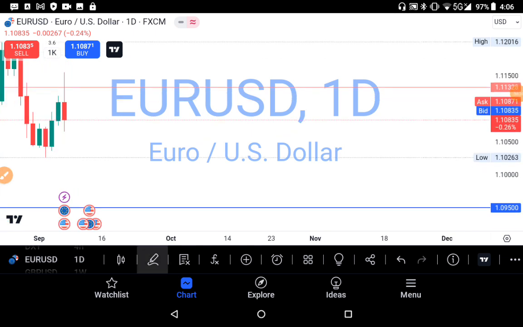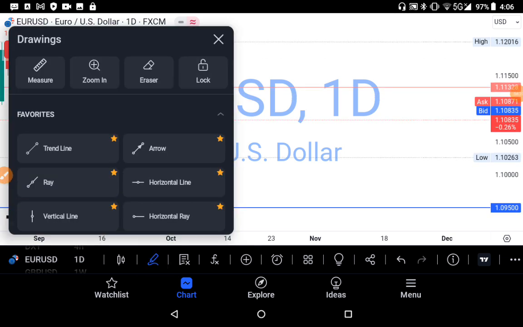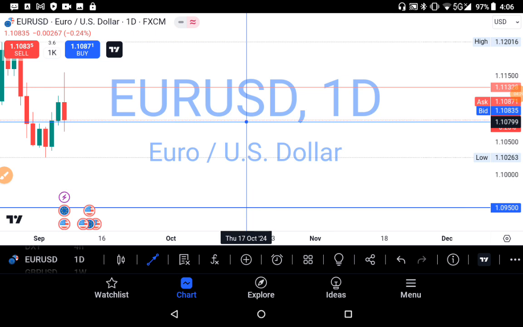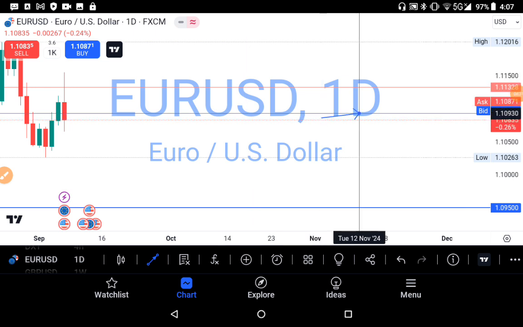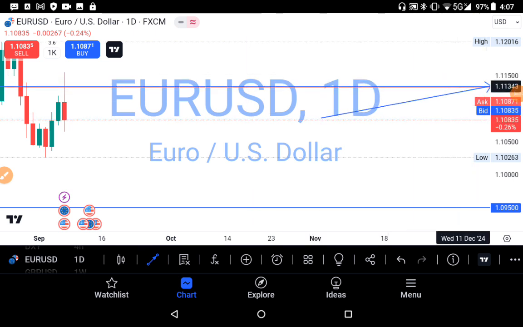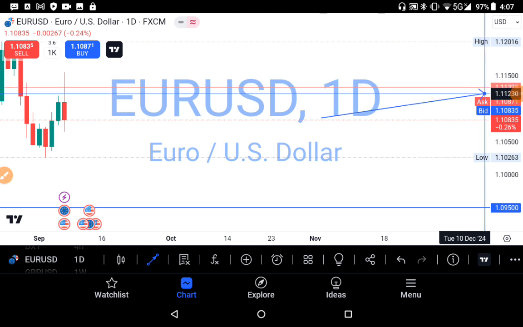Okay, let me use this arrow. So you have 1.11328 here. We have it here.